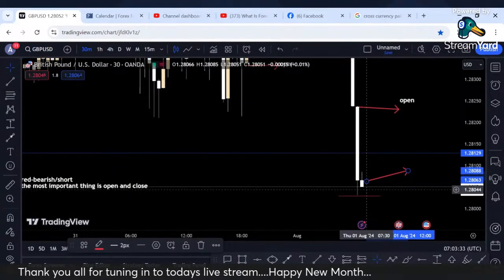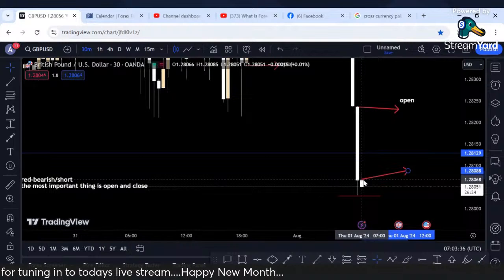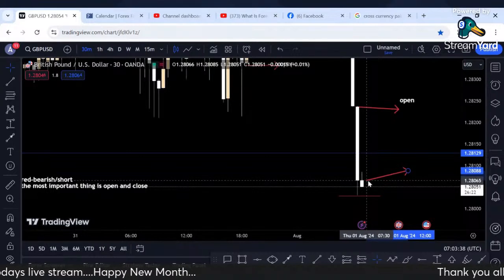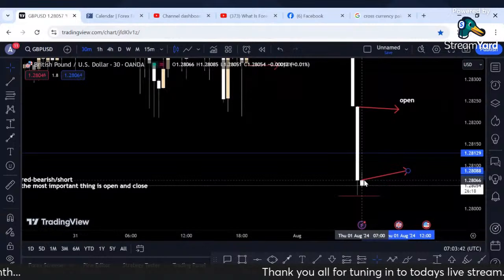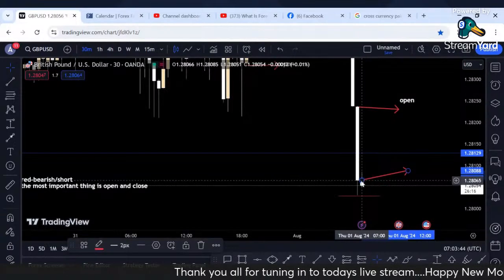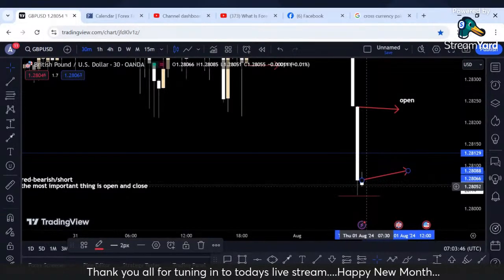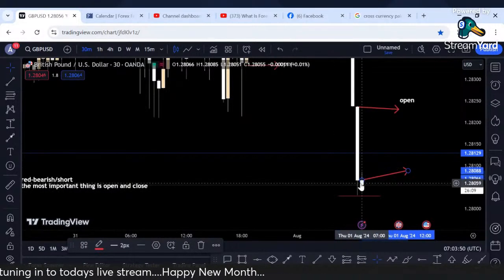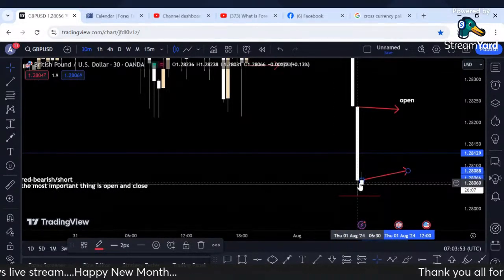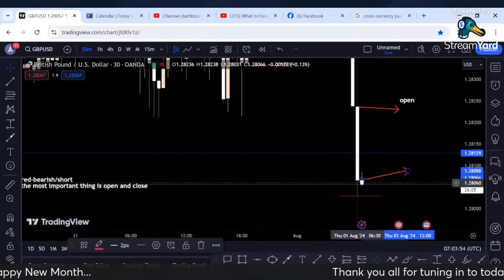It's a bearish candle, because with a bearish candle, the body always opens at a high price and closes at a low price. That's the only way I determine the opening and the close of the candles.